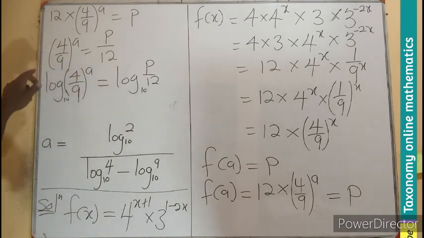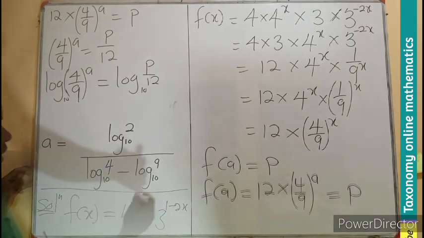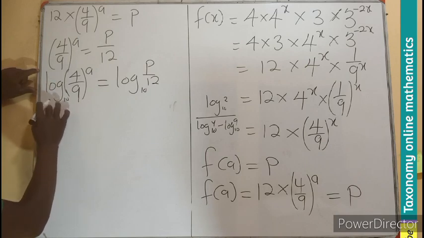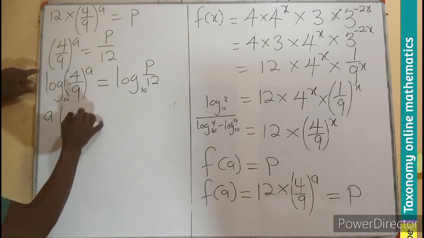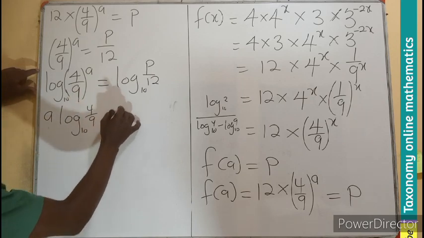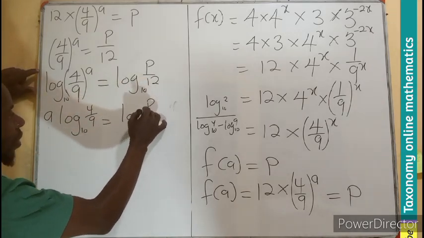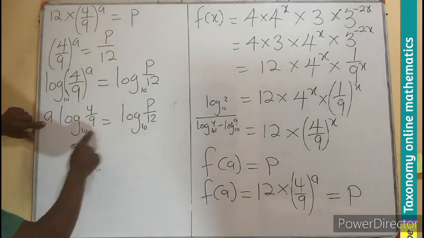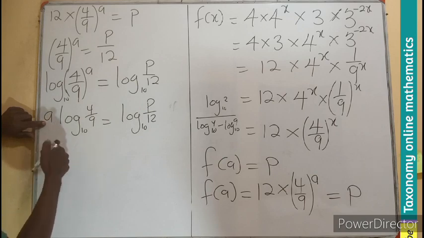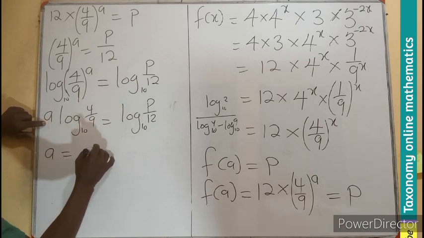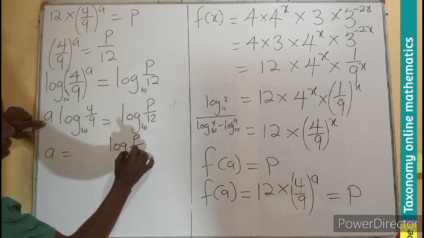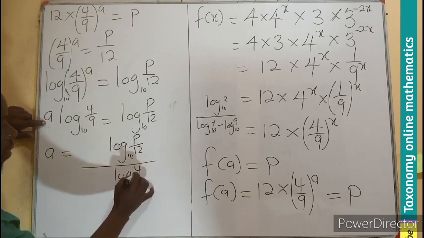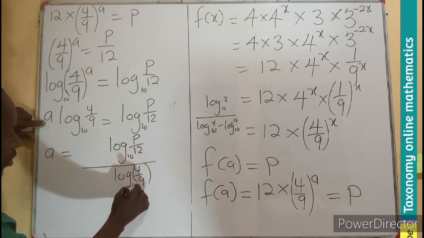Now we know the power comes to multiply, so we have a times the log of 4 on 9 base 10 equals the log of p on 12 base 10. Now let's keep the a and divide by this coefficient. So a will be equal to the log of p on 12 base 10 divided by the log of 4 on 9 base 10.